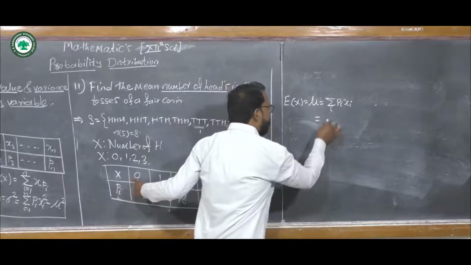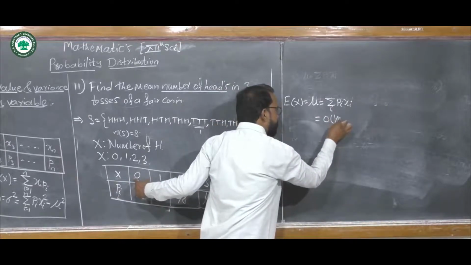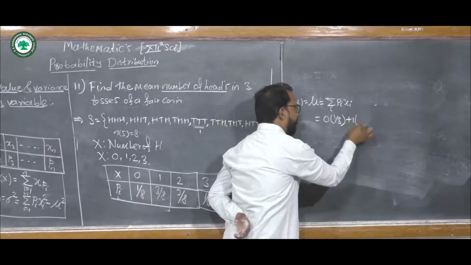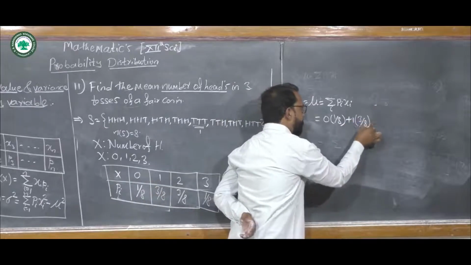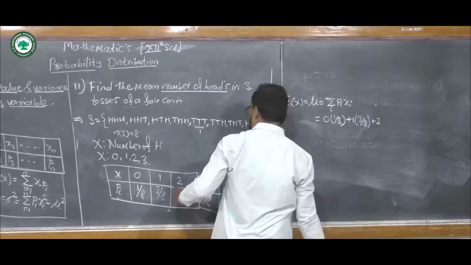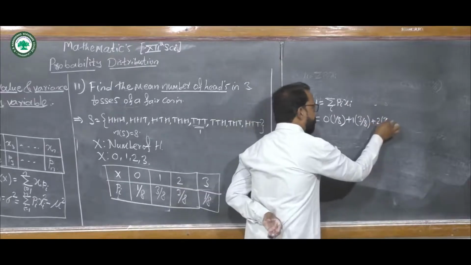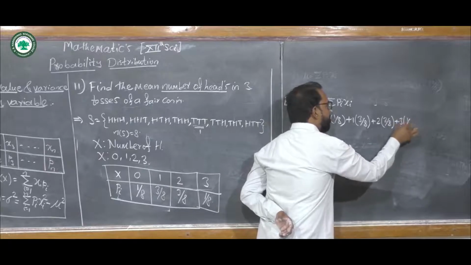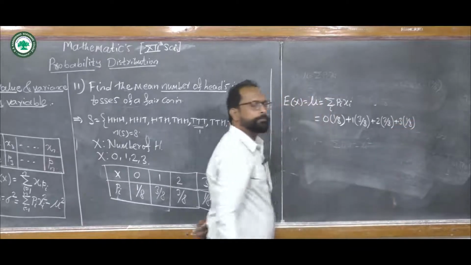Now take this product: 0 into 1 by 8, plus 1 into 3 by 8, plus 2 into 3 by 8, and the last one, plus 3 into 1 by 8.